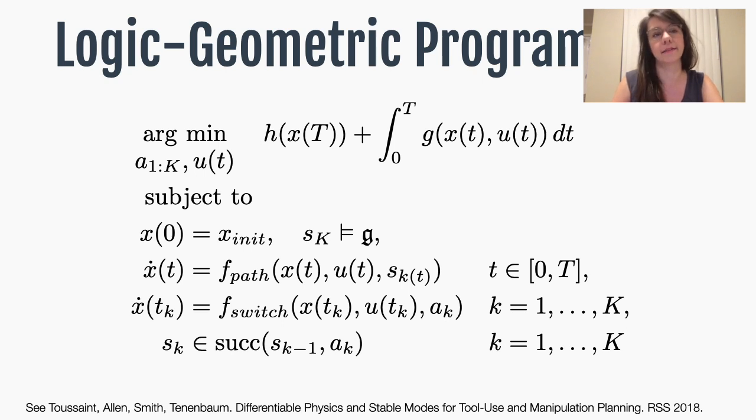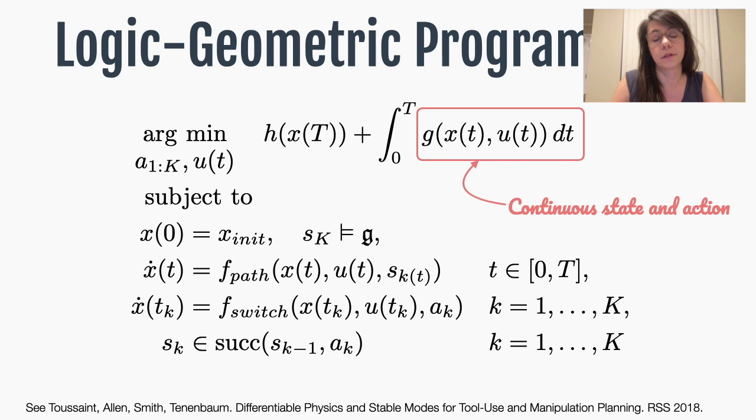So what that does is basically combining symbolic and geometric reasoning. Essentially, a logic planner is combined with a motion optimizer. And really on the top, what you find is basically a trajectory optimization problem where H here is the terminal cost, X is the state, and G is the trajectory cost, using the continuous state X and the continuous action U as input, right?